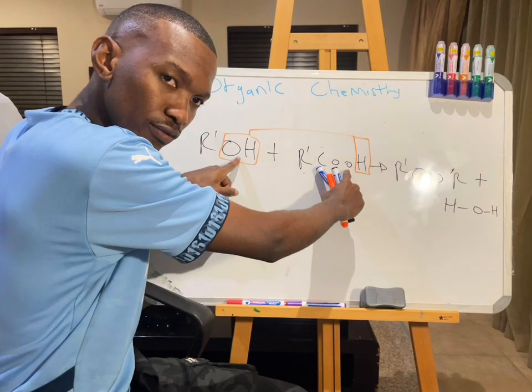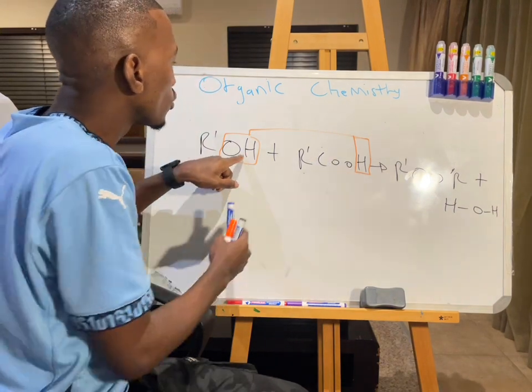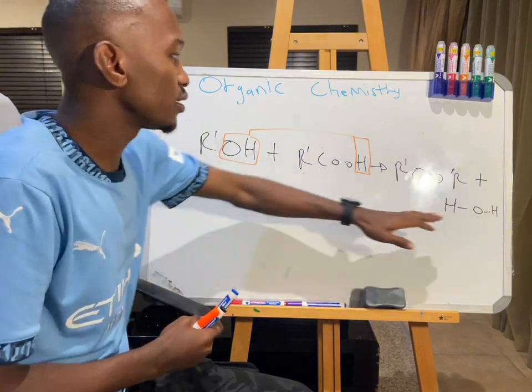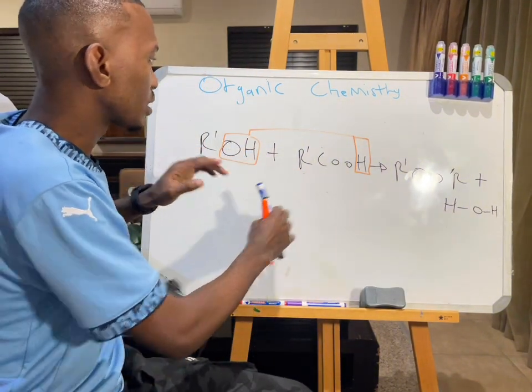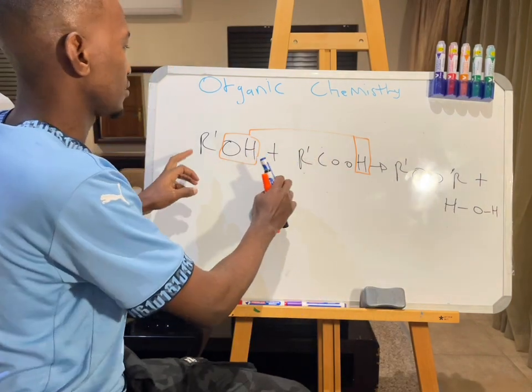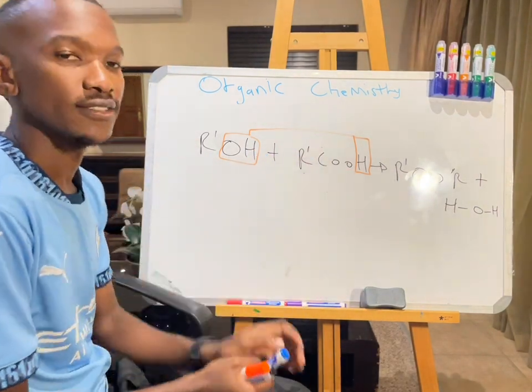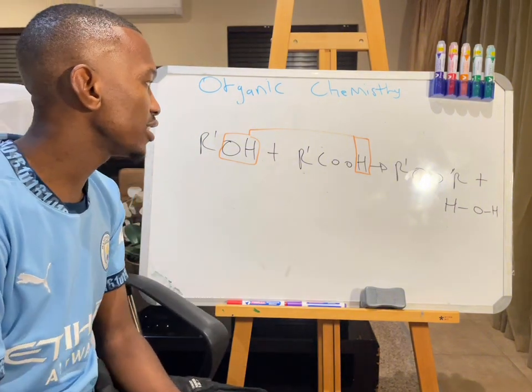That H that's coming from the OH of the hydroxyl is going to go with the OH of this guy. Then they will give you the H2O. Then these two guys will remain here, plus this guy. So that's what we have.